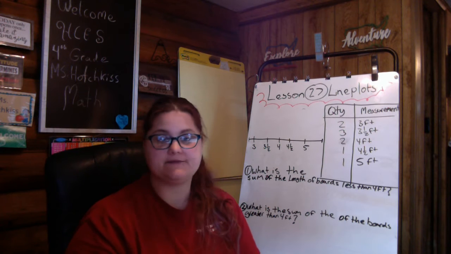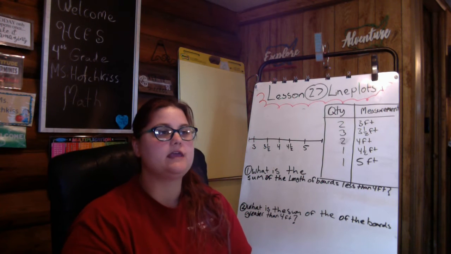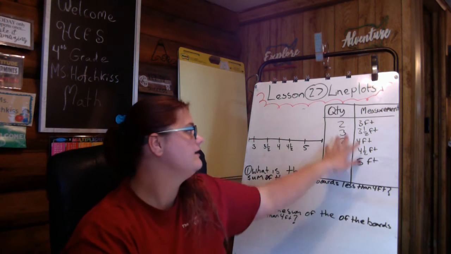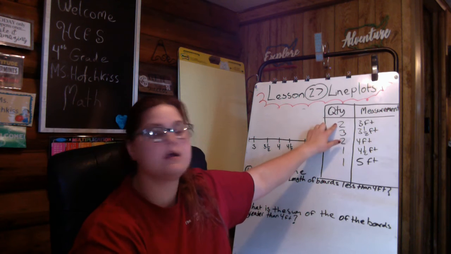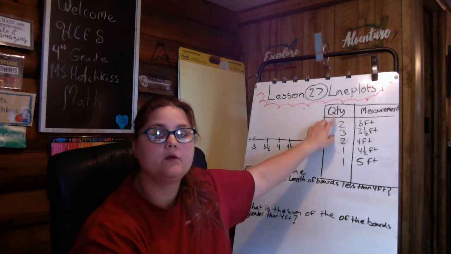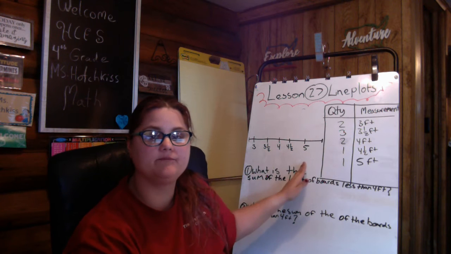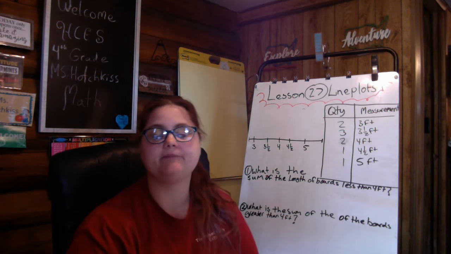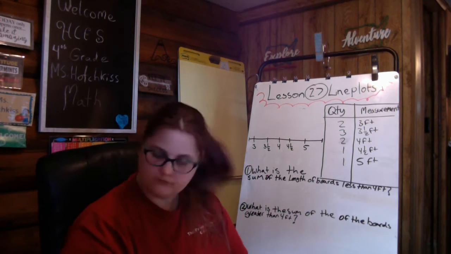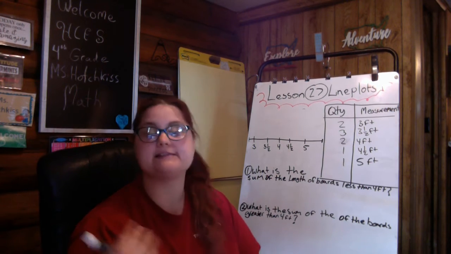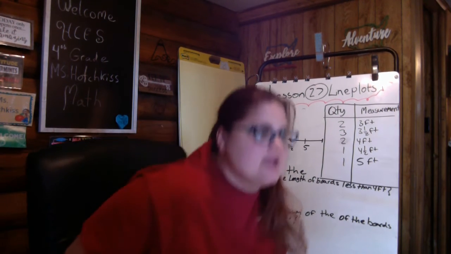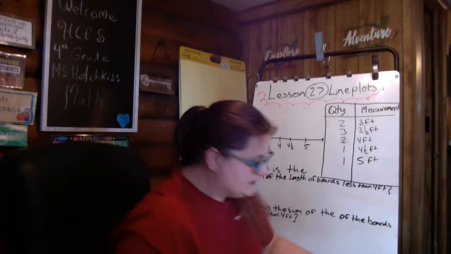Line plots specifically are used when we have a data set that has more than one value for each mark on the number line. I did get an example up here for you because sometimes it's easier to show you than to try and explain it verbally.